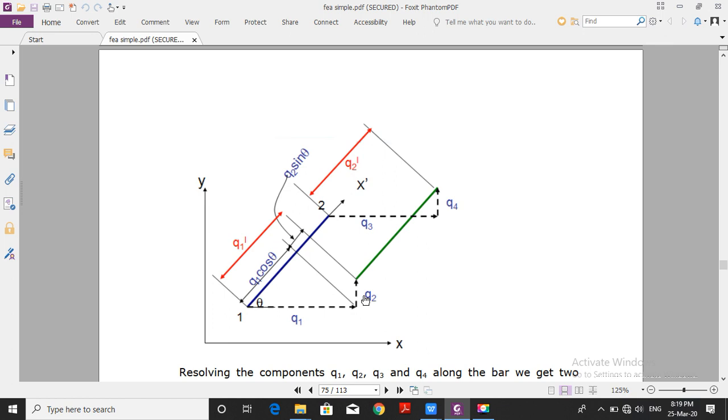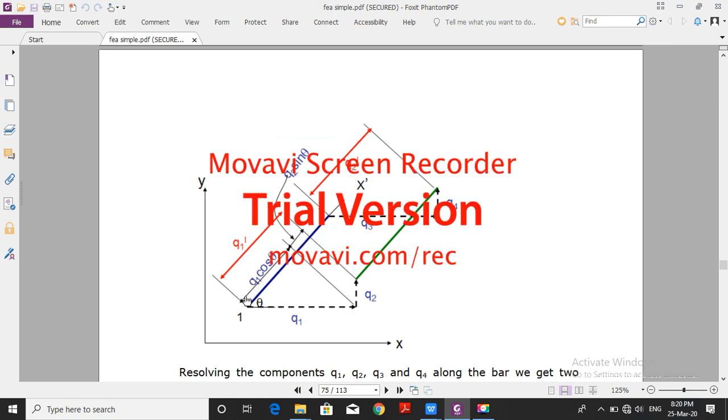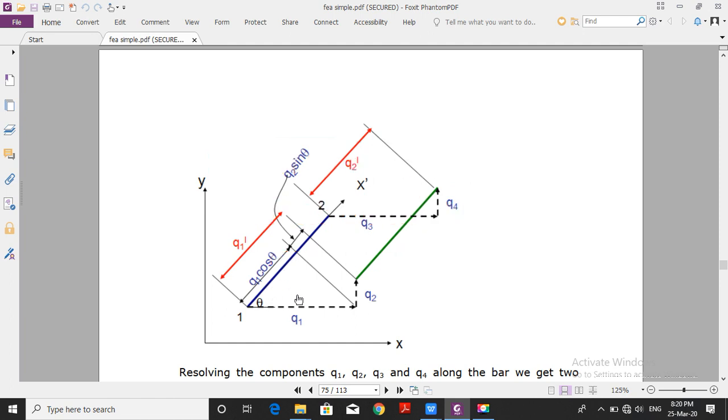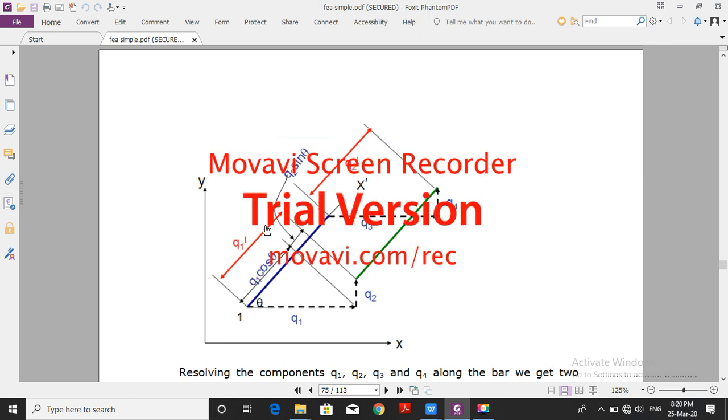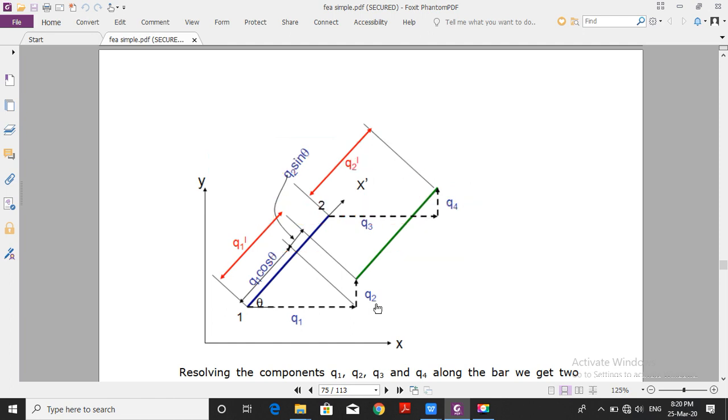If we see this diagram, we can compare it with these distances. Theta is the angle between this element and the horizontal, so it can be q1 cos theta, and here it may be q2 sin theta, because we have considered it as q1 and q2.